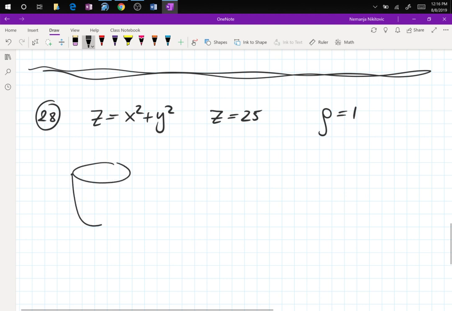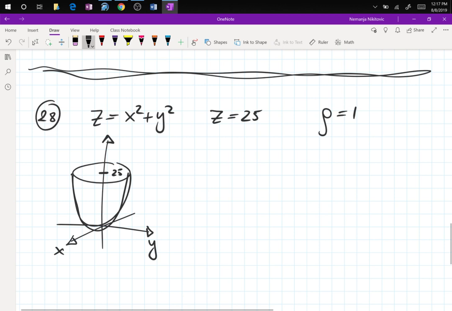I have a paraboloid. x, y, z. The top over here is at 25. z equals 25 is the plane that cuts it on top. So we have this paraboloid with the plane on top.